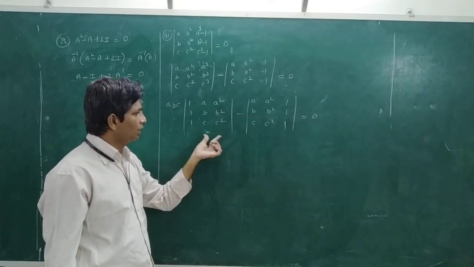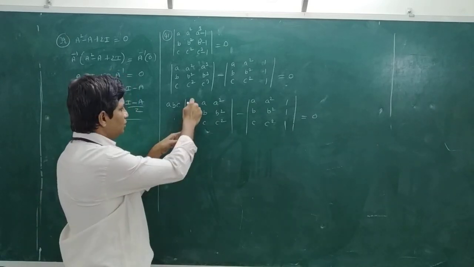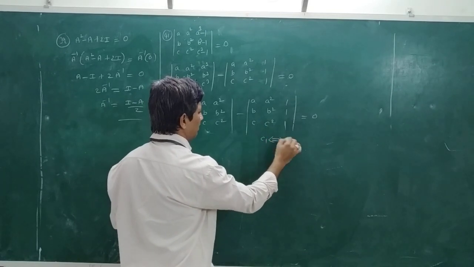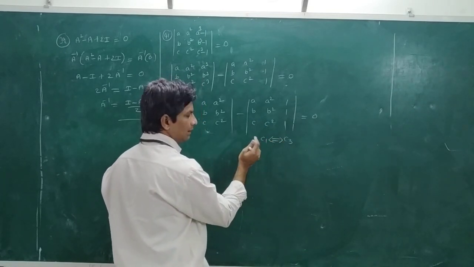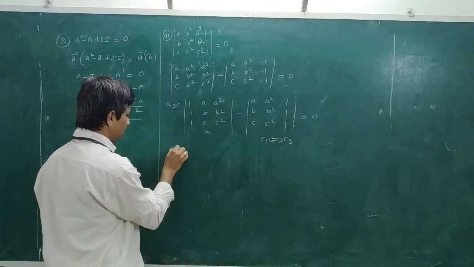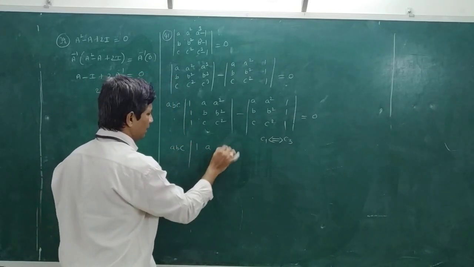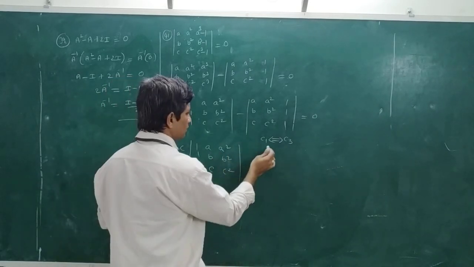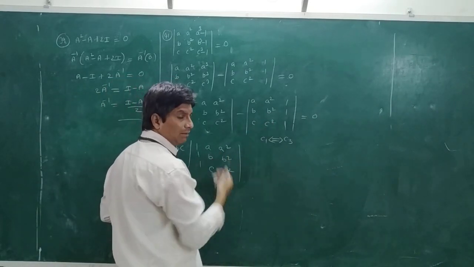Now let us try to interchange. The first column here is 1, 1, 1, so I am interchanging the first column and the third column, C1 and C3. If you interchange two rows or two columns, you get a minus outside. Then again interchange columns C2 and C3, which gives another minus outside.